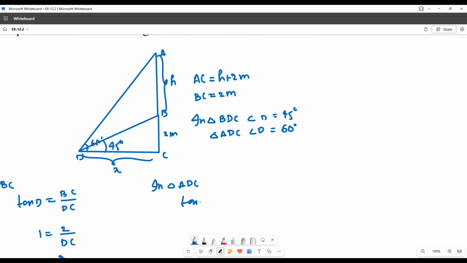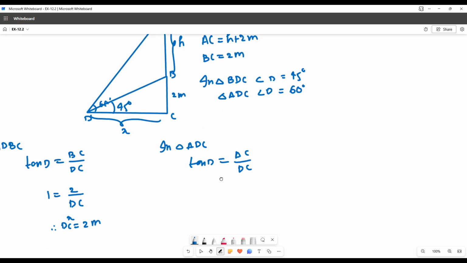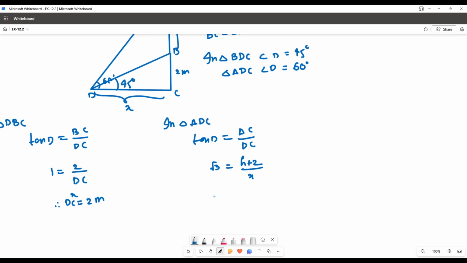Next we have, in triangle ADC, tan D is equal to AC by DC. Now D is equal to 60 degrees, so tan 60 equals root 3 equals AC, which is h plus 2, divided by DC, which we found as x equal to 2. So 2 into root 3 is equal to h plus 2.